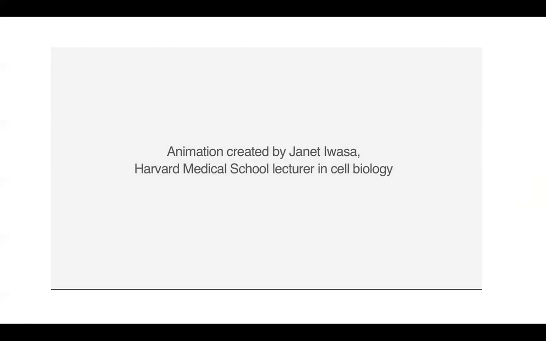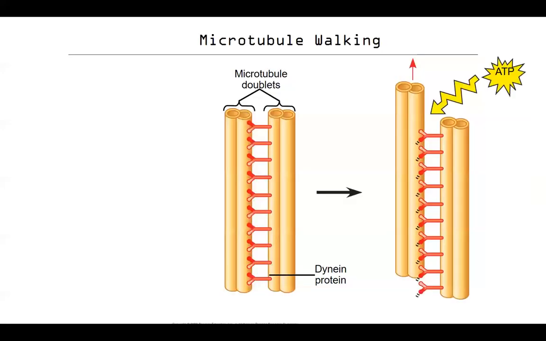Okay, so let's add this back in to our idea of flagella and cilia. Here are some doublets. We're not quite at the complete cilia and flagella structure just yet, but let's imagine this is the head of our dynein molecules.